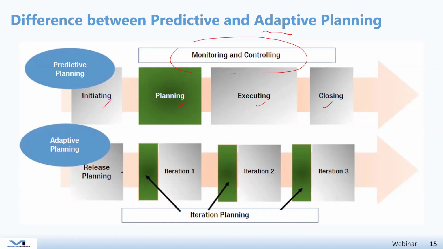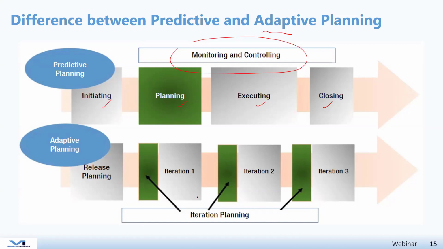However, with adaptive planning, you don't need to follow these sequential processes, but rather iteration planning, which means that you break down your projects into different cycles and iterations, and each time you start planning the iteration. So basically, you are adopting what we call progressive elaboration, or rolling wave planning, which means that I don't plan the project from the start until the end at the beginning of the project, but rather I plan incremental steps.